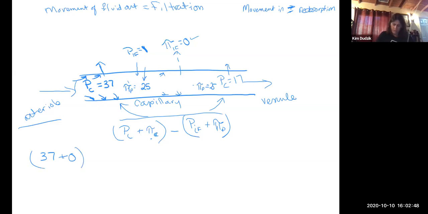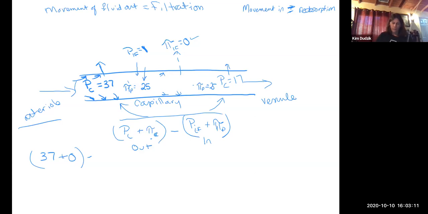Okay, we're still on the arterial end now. We're going to look at what influences moving back in. This is in, this is out. Oop, that looks like October. It's hard to write on an iPad.